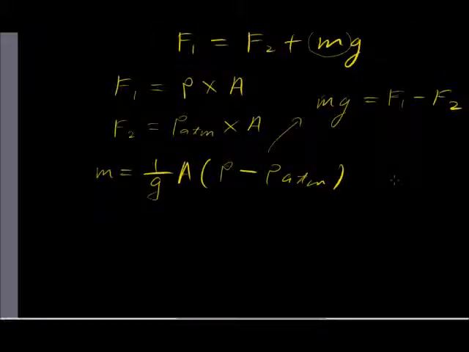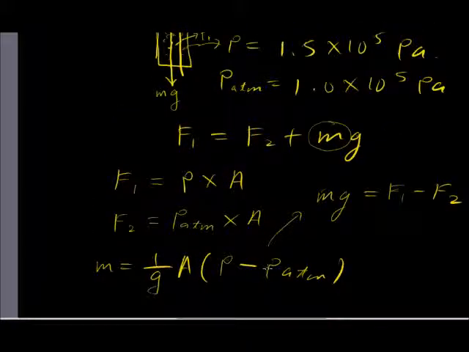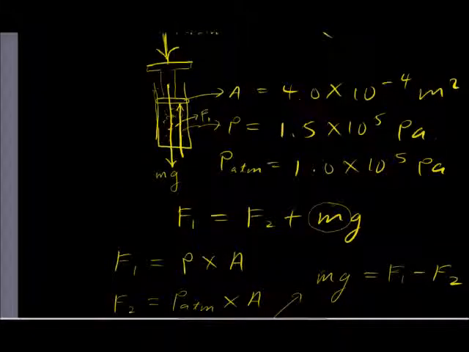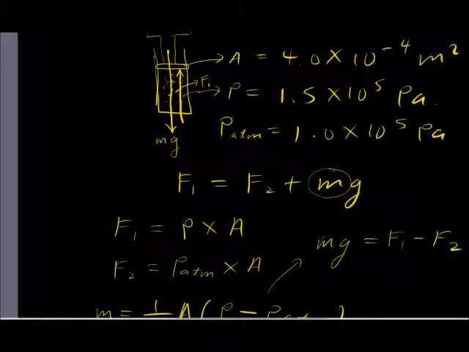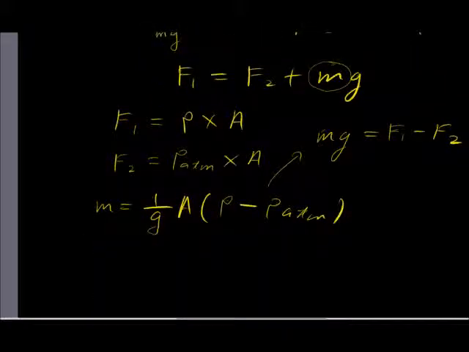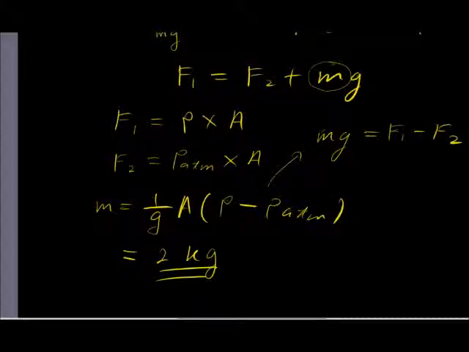Because it's F1 minus F2, we have a minus sign for the atmospheric pressure. By substituting the numbers into the equation, we get m equals 2 kilograms.